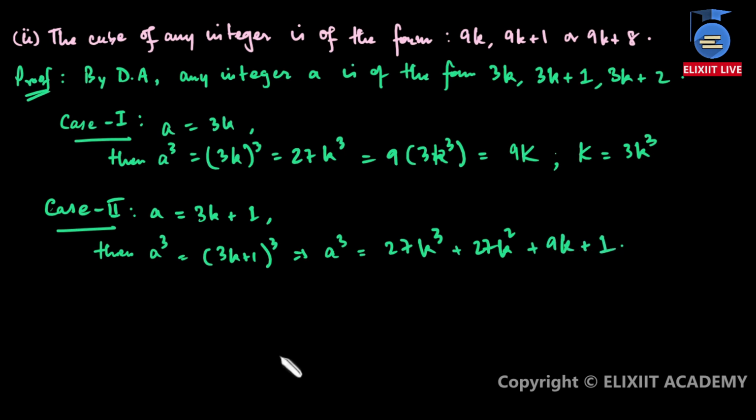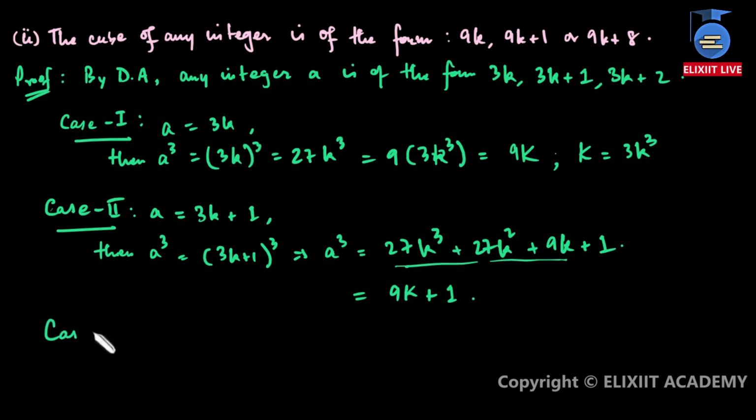Once again, you can take out 9 common from these three terms, and what remains is an integer only. So this is of the form 9k plus 1, where k is some integer.